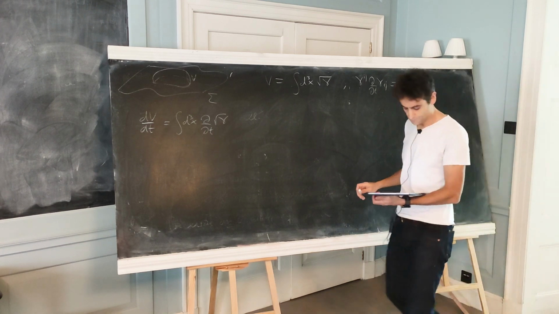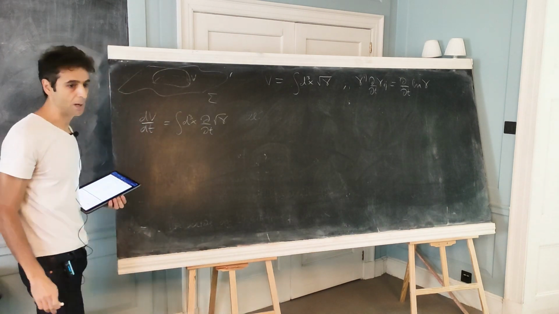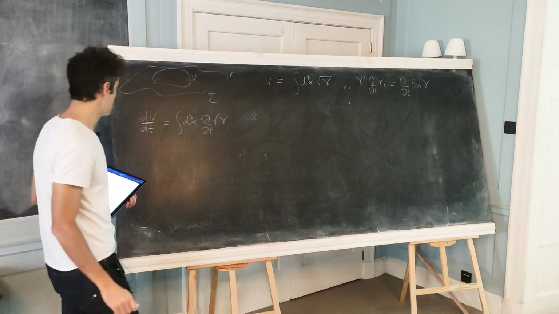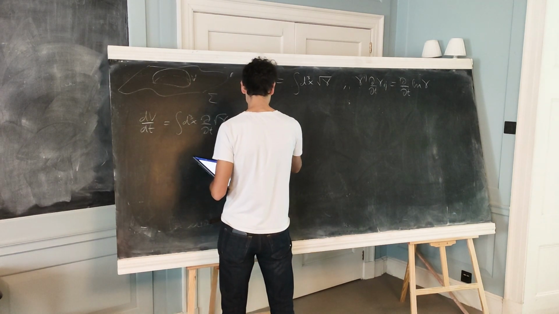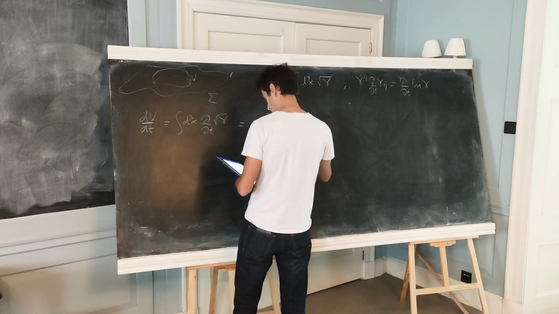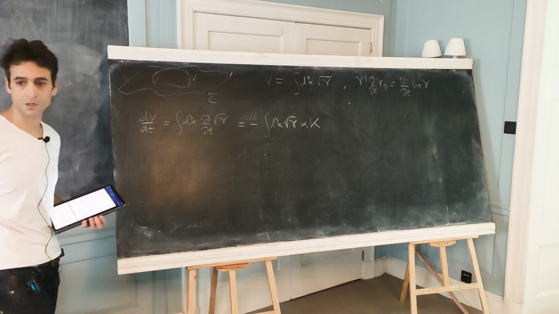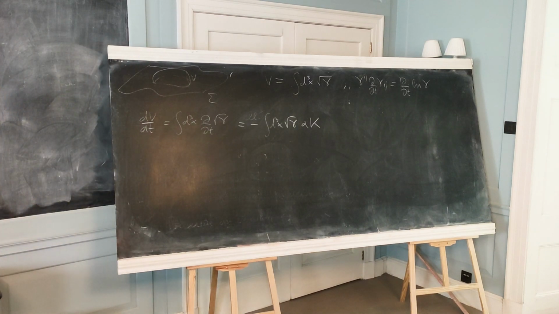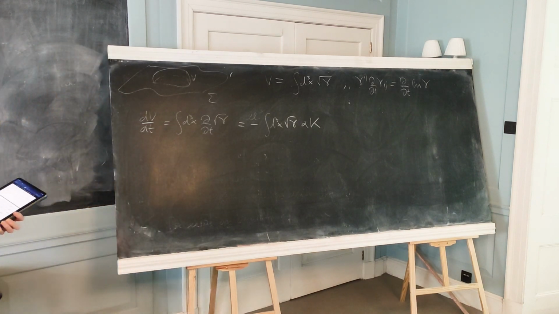And if you do that, and you impose that the boundary of this volume is fixed, then you can show that these variations of this volume are basically computed by the trace of the extrinsic curvature. Okay? So let's keep this in mind, because this will play a role in the choice of lapse.